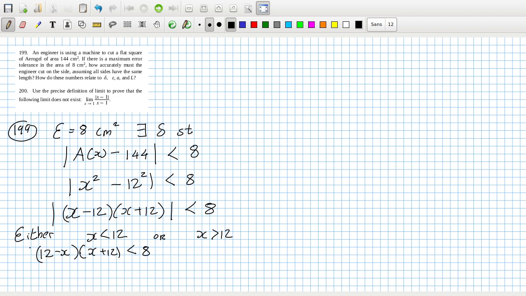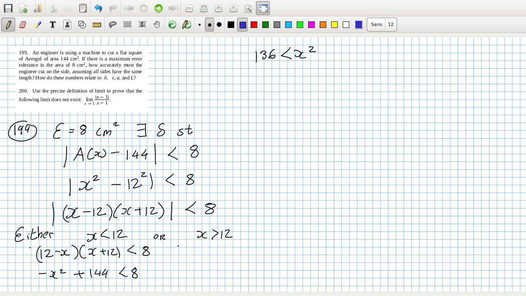So multiplying this out, I would get minus x squared in the middle, and I'd have here 12x and a minus 12x, so plus 144 is less than 8. So then I would have x squared is more than 144 minus 8, that's 136.